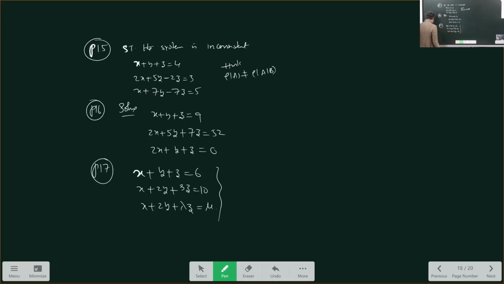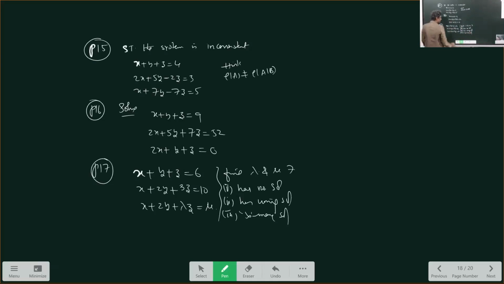For this case, find lambda and mu such that in the first case the system has no solution, in the second the system has a unique solution, and in the third the system has infinitely many solutions.